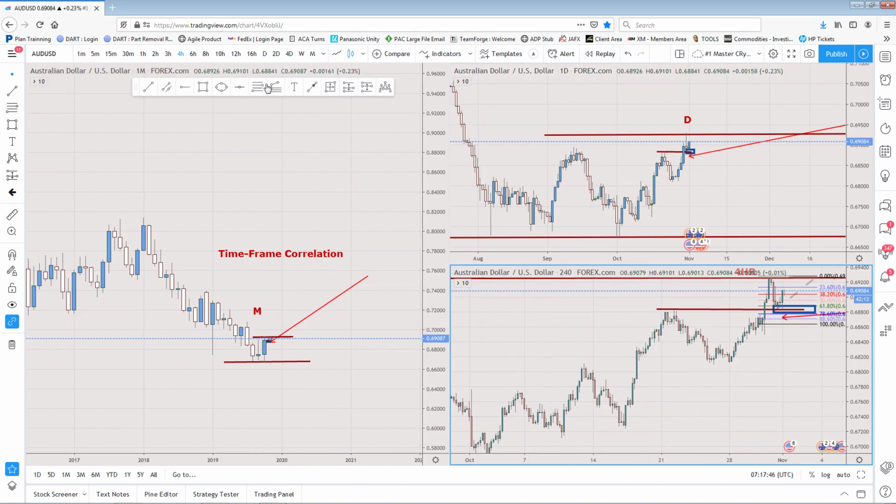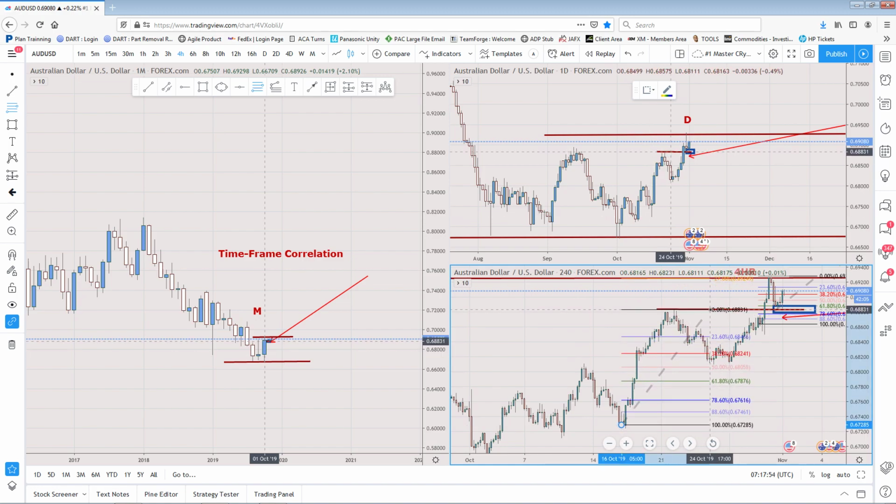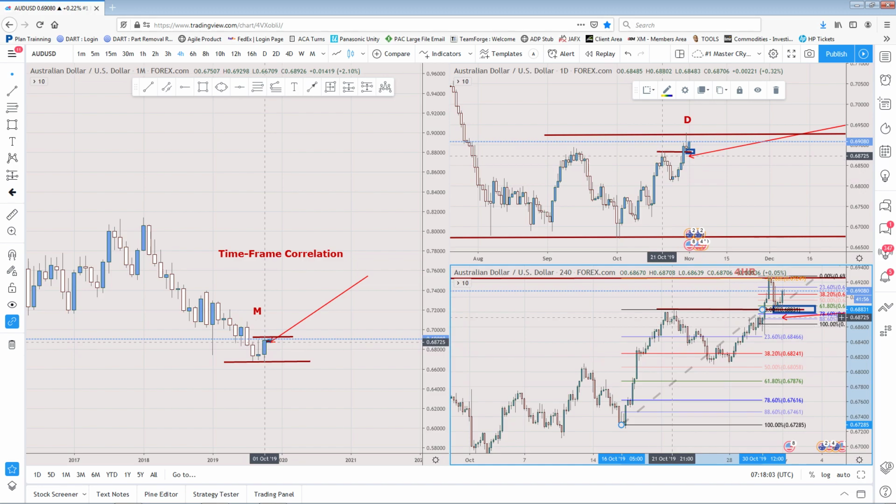So let me use my fib tool again, and this is why I love fibs. You can run fibs from here to here. I like to slide my fib tool over to the right just so I have some room to view.